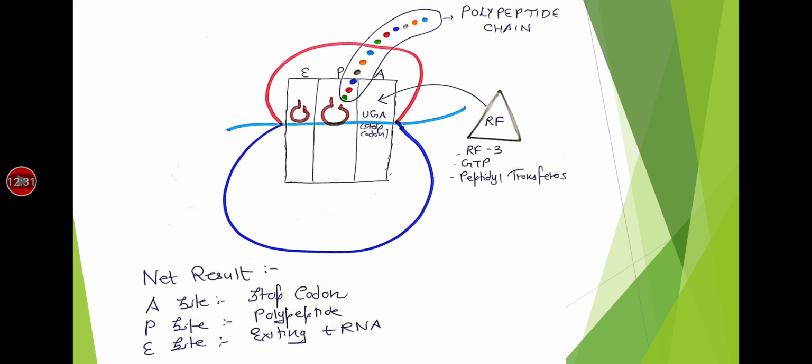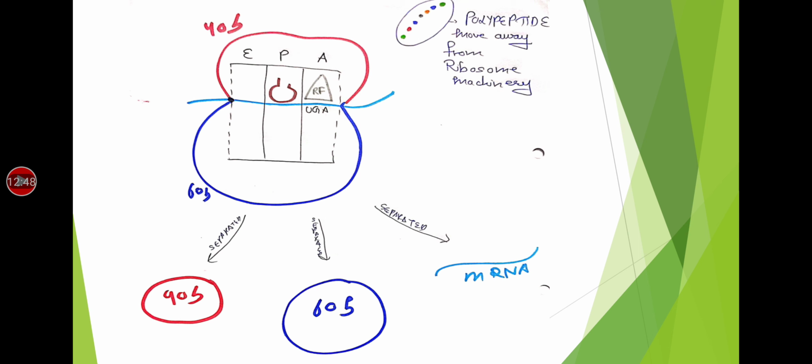So when these releasing factors attach at A site, the polypeptide chain which is formed at P site because of translocation and the previous processes, this polypeptide chain is freed. It is liberated from this translational machinery. As you can see in this particular diagram, the releasing factors attach to A site and the polypeptide chain is freed.